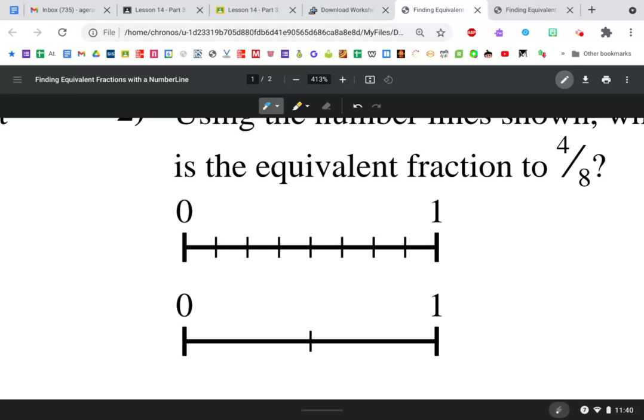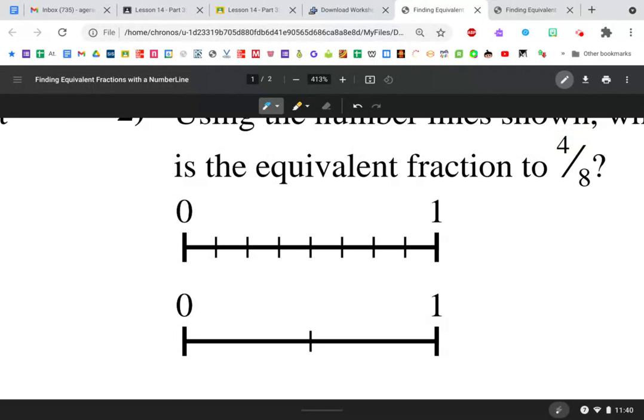So let's start at the top. In this first number line here, we're going to do just as we learned on Friday. We're going to count the number of parts this number line is broken into, and we're going to start at 0. So let's do that together. Ready? 1, 2, 3, 4, 5, 6, 7, 8. We're talking about eighths, and that makes sense because we're being asked about eighths, aren't we?